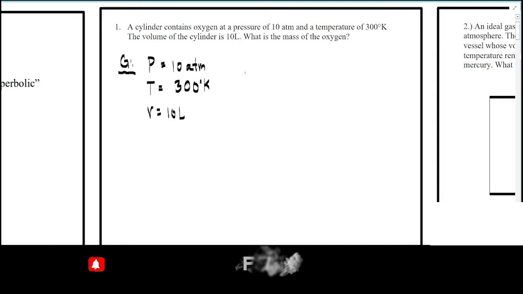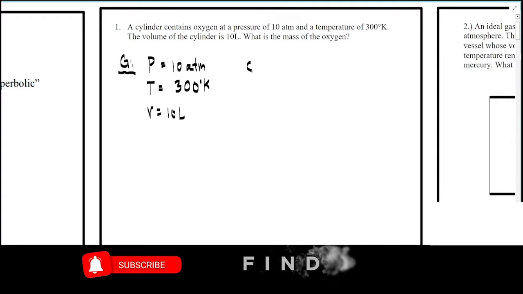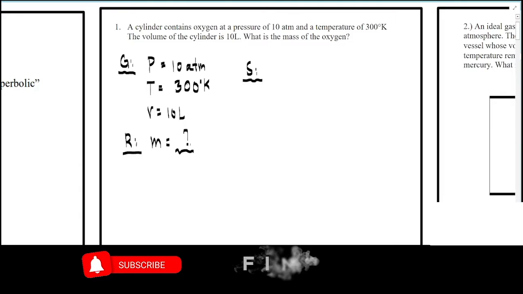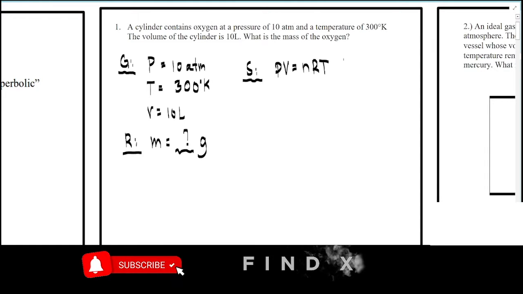And for the solution, we are required to find the mass of the oxygen, so it must be in grams. Remember that we are dealing with oxygen. That is very important. The formula that we'll be using is the ideal gas law, PV equals nRT.